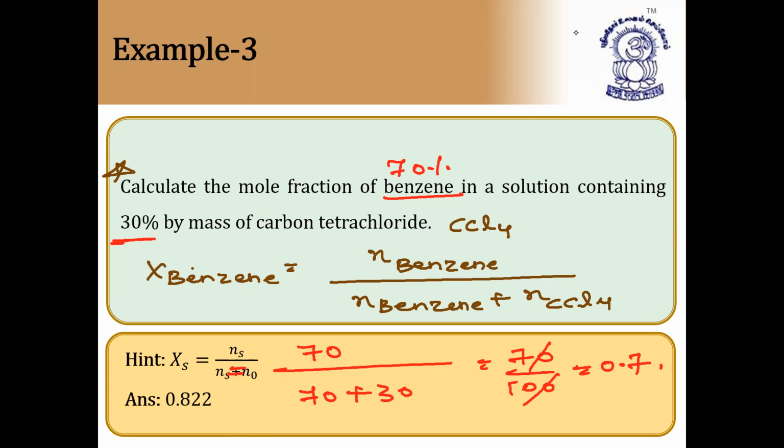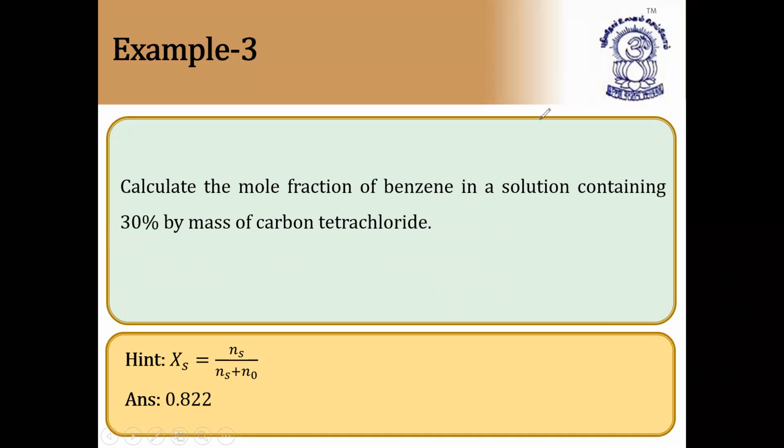So 70 grams of benzene should be taken. So benzene means 70 by 78. Number of moles of benzene becomes 70 by 78, because molecular mass of benzene is 78. So 70 by 78, 0.89. Number of moles of benzene is equal to 70 by 78, which is equal to 0.89.